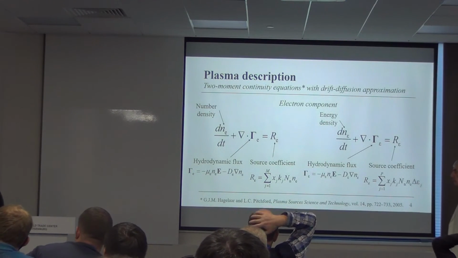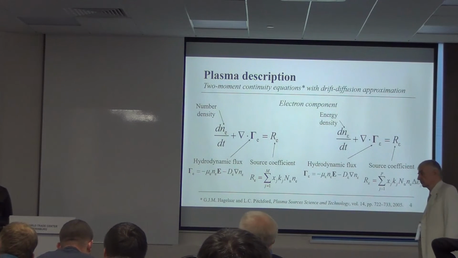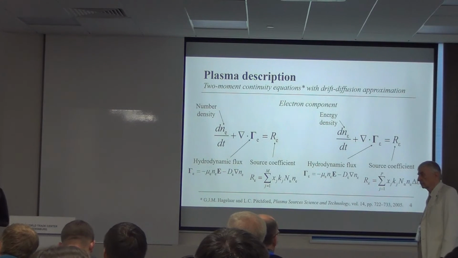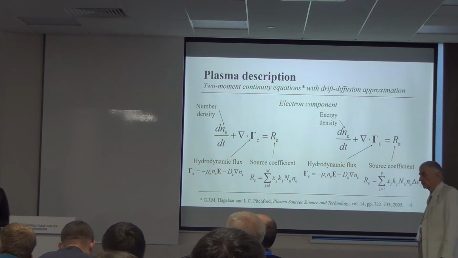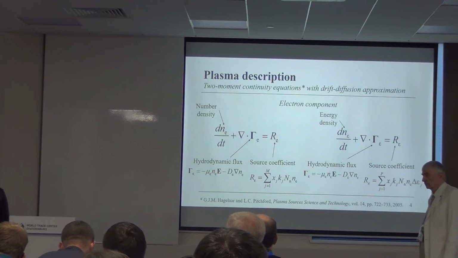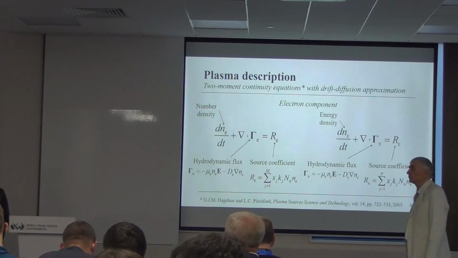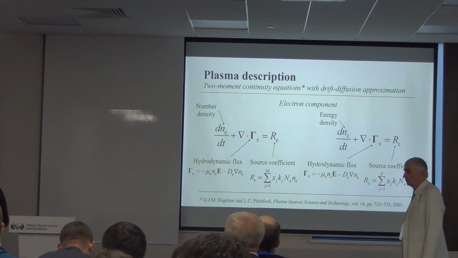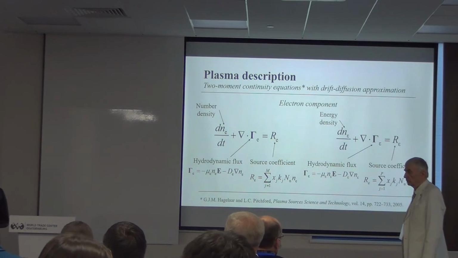Yes, the well-known approach of modeling is solving the Boltzmann equation only for energy, because the characteristic scale of the energy distribution function is several orders smaller than the characteristic scale of your problem.